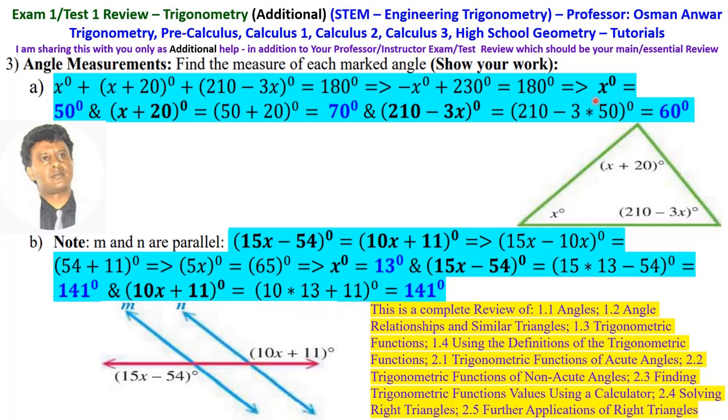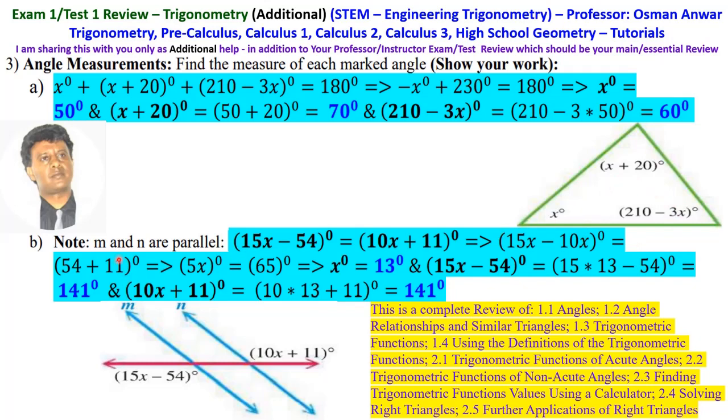That means 2x is equal to 230 minus 180. It is equal to 50, so x is 25.